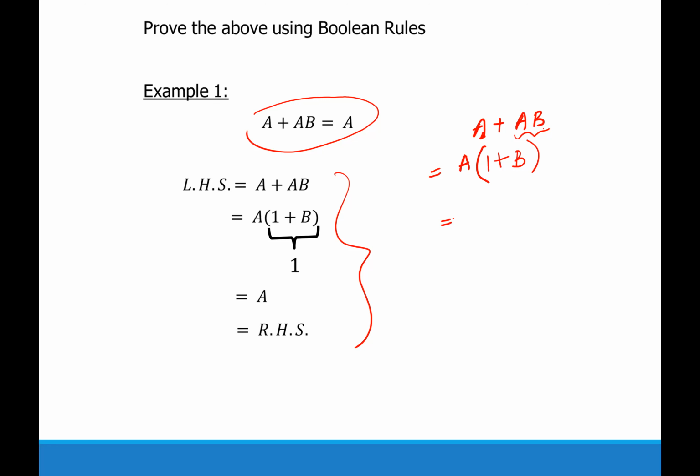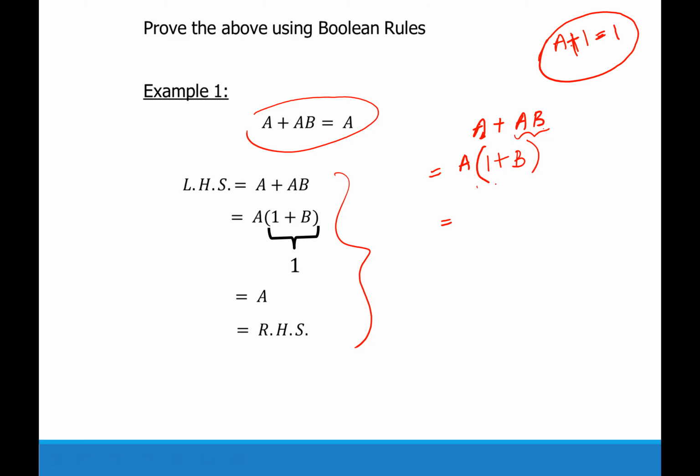Can you remember our rules? The result we discussed earlier, the result we got from that table, can you remember? We found this one: if we add 1 to any variable, the final answer is equal to 1.